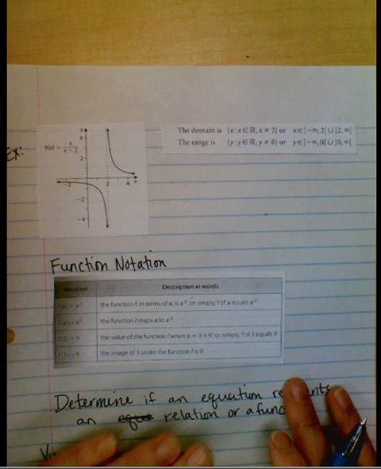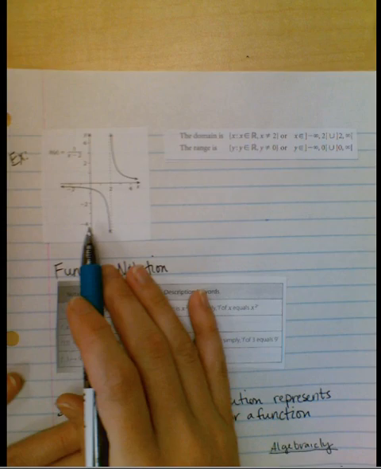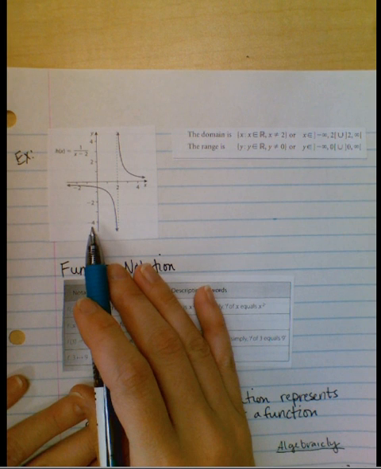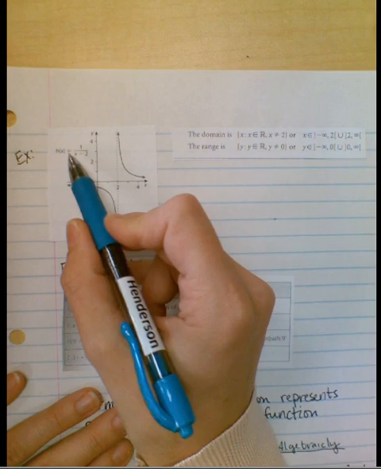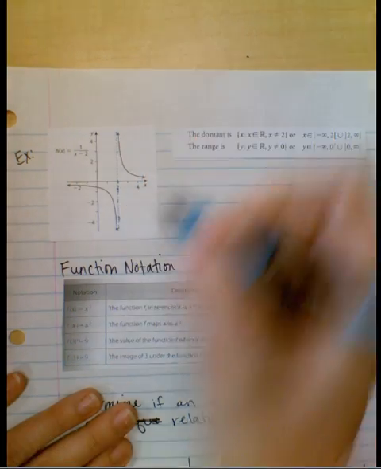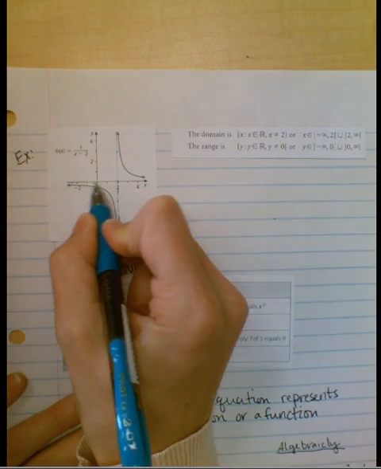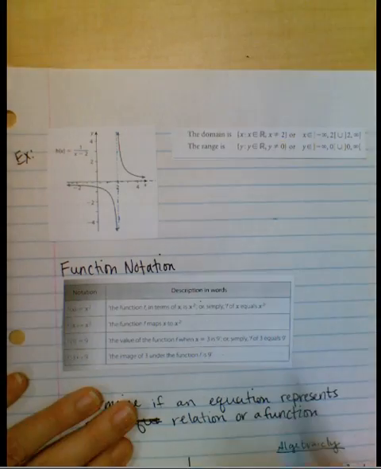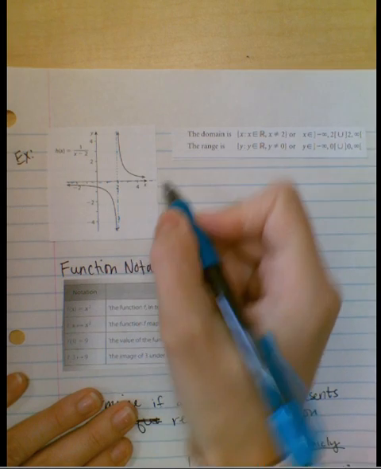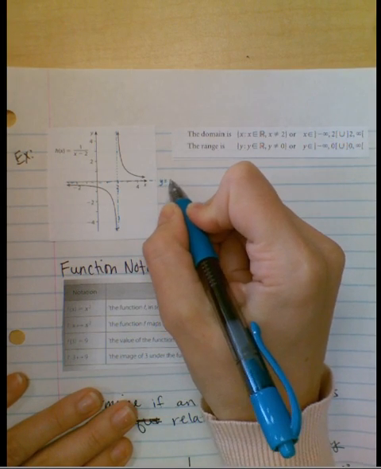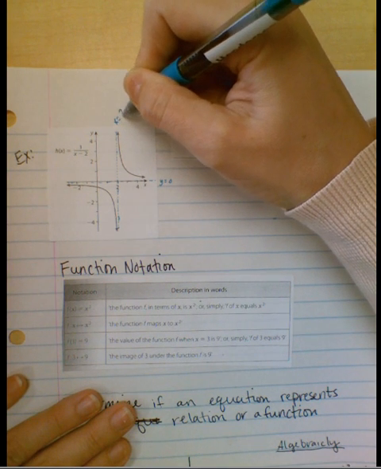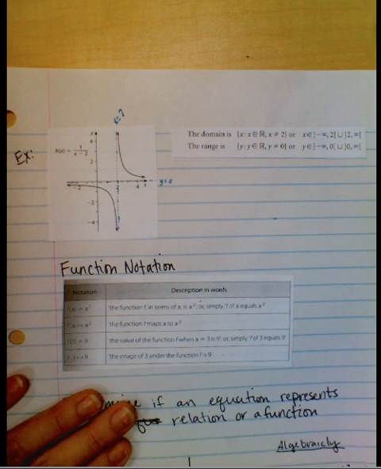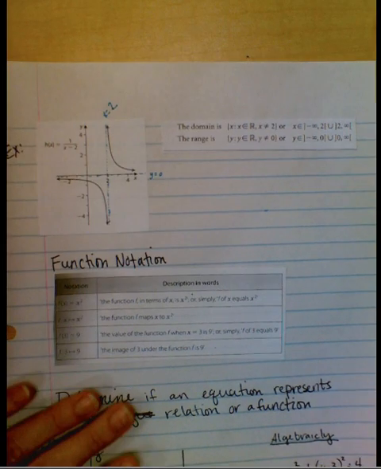We're going to look briefly here at domain and range and how to note that in set notation. So here I have a rational function with a vertical asymptote. They all have vertical asymptotes, and a horizontal asymptote. So this has a horizontal asymptote along the line y equals 0 and a vertical asymptote along the line x equals 2. So we can write this in set notation.